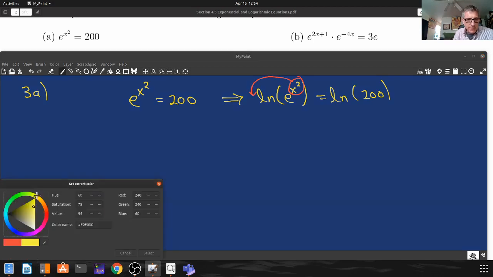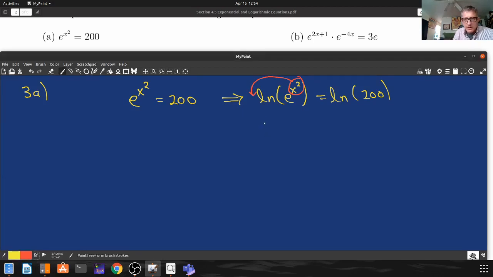comes out and goes to the front as a factor. So that's going to be my next step. That gives me x squared times the natural log of e is equal to the natural log of 200. Now the natural log of 200 is just some number, and I don't know it. The natural log of e is the same as, remember, ln is just another way of saying log to the base e.